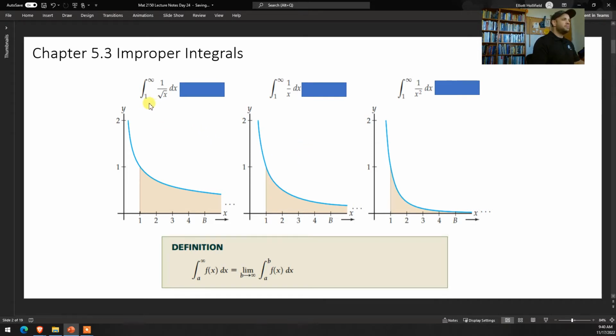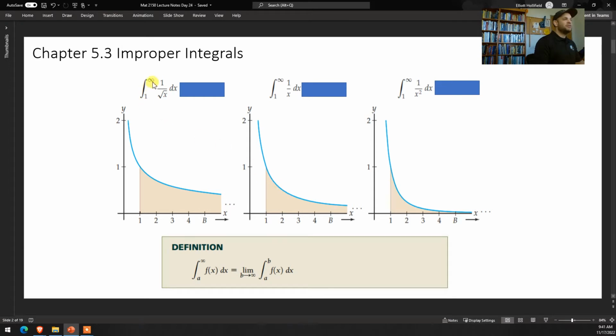We call these improper integrals because the upper bound on the integration is infinity. What that means is that we have a graph that has a horizontal asymptote. Here the horizontal asymptote must be 0.